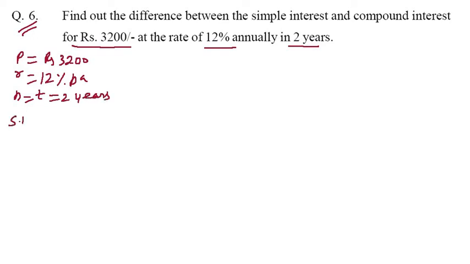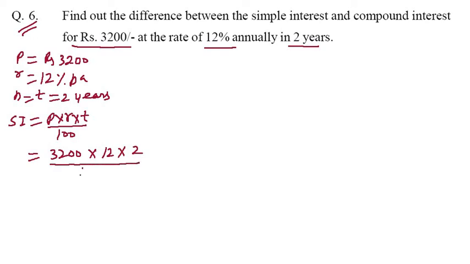First of all, simple interest. The formula is P into R into T upon 100. So P is given as 3200, R is given as 12, and the time is 2, divided by 100. So 0 will be cancelled with this 0, and this 0 with this 1. So simple interest, you can calculate it.